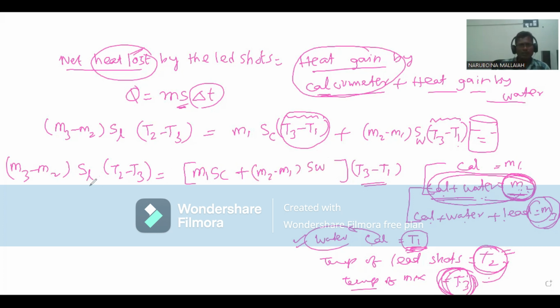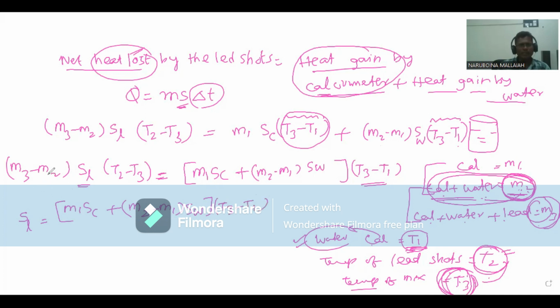Now from this, we want only the formula for specific heat of lead shards. That is given by writing this on the right side of the equals sign: M1 SC plus M2 minus M1 into SW, into T3 minus T1.